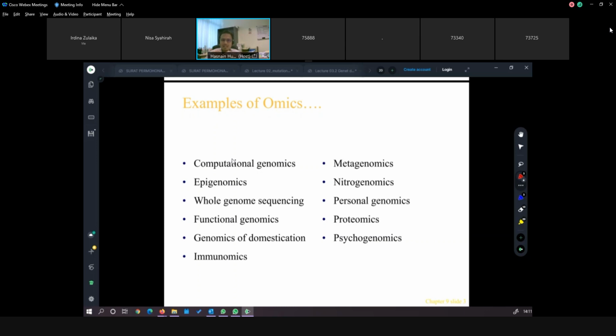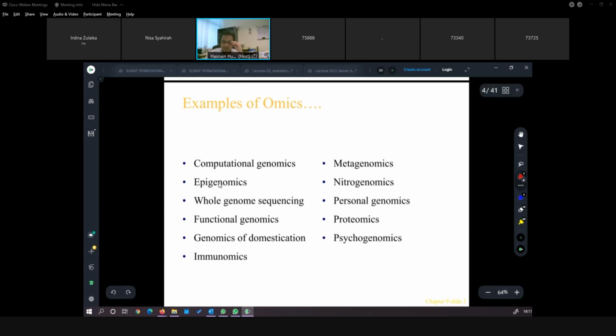Okay, and genomics is part of the omics study. And then in genomics, there are many further derivations of the omics. For example, in computational genomics, you are studying the DNA sequence of an organism, but more by using algorithm programming.